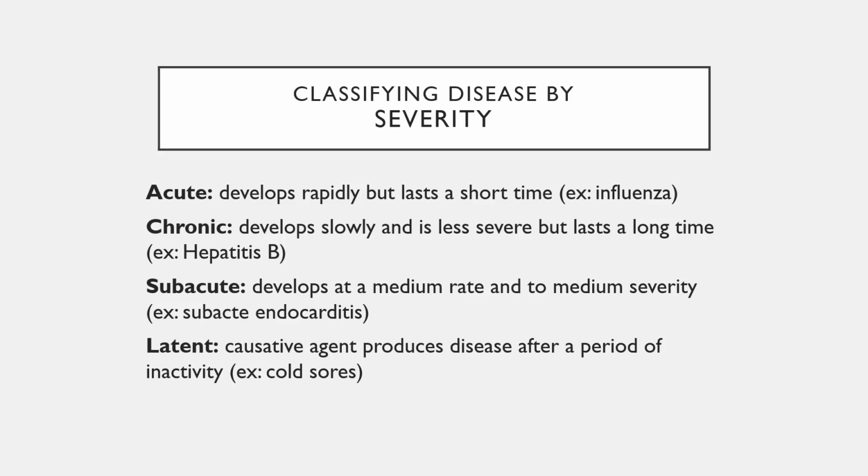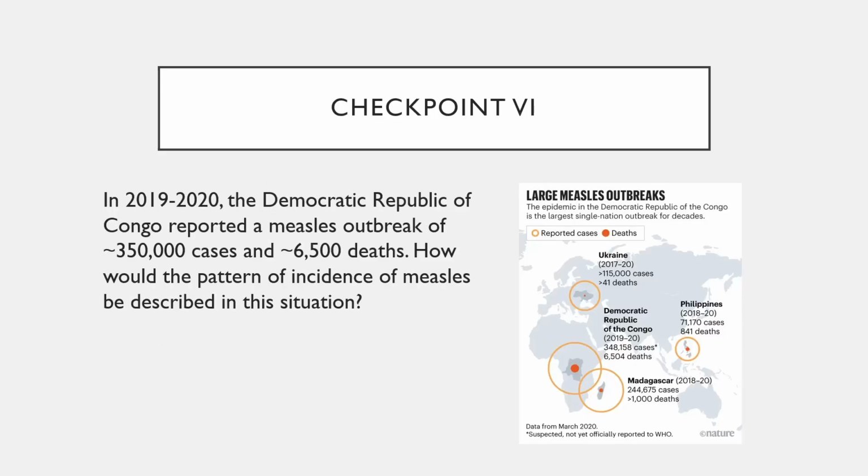And this brings us to a few checkpoints concerning these classification schemes. In 2019 and 2020, the Democratic Republic of Congo reported a measles outbreak of 350,000 cases and 6,500 deaths. How would the pattern of incidence of measles be described in this situation?